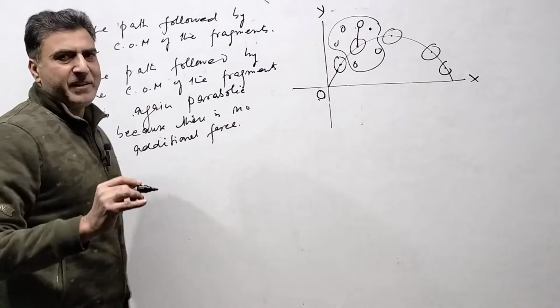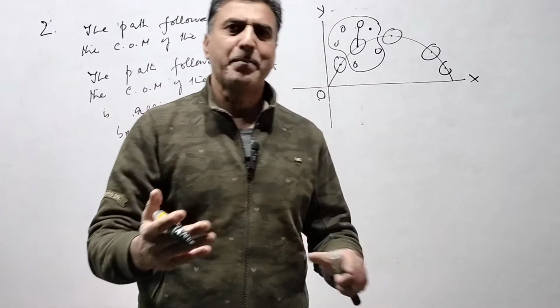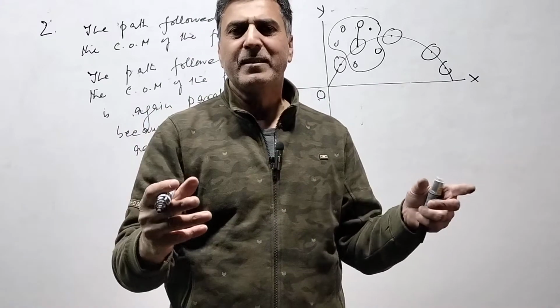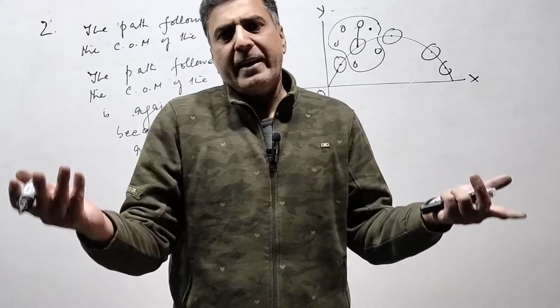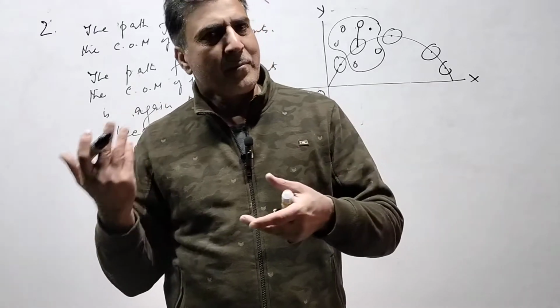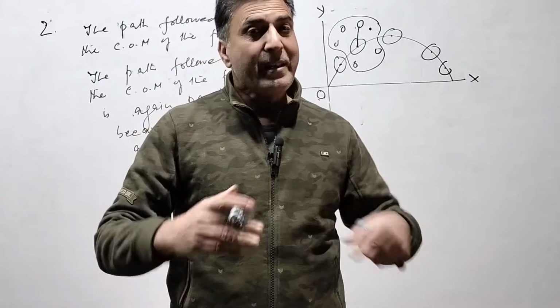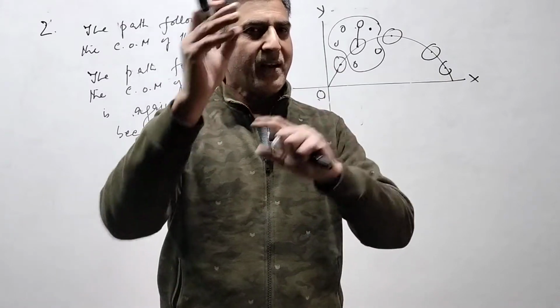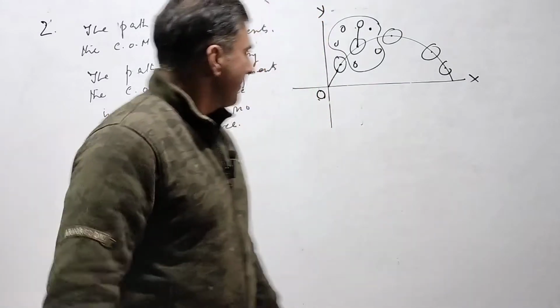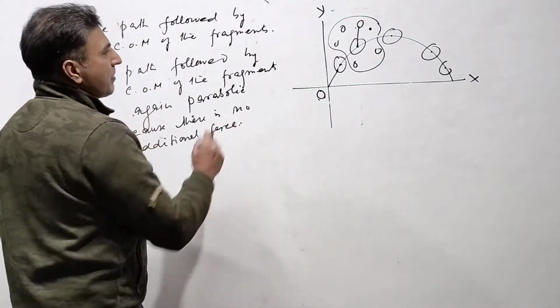The force is only gravity, and under gravity it was already following the parabolic path. In the new scenario, when it becomes fragments, the force is again the same gravitation. Therefore, there is no additional force. So the center of mass of the fragments will also follow the same parabolic path. And that was the question.